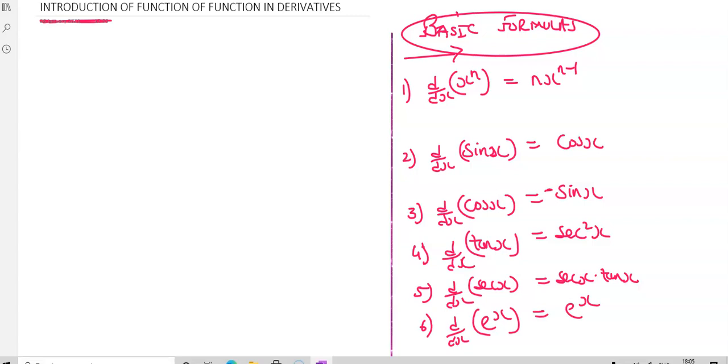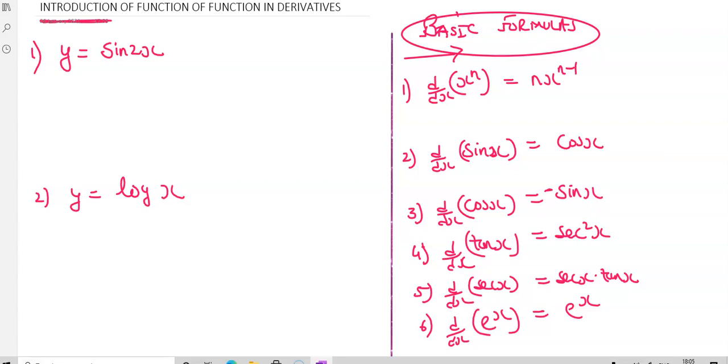And if we have a question like y is equal to sine 2x, or we have a question like y is equal to log x, what we are supposed to do?